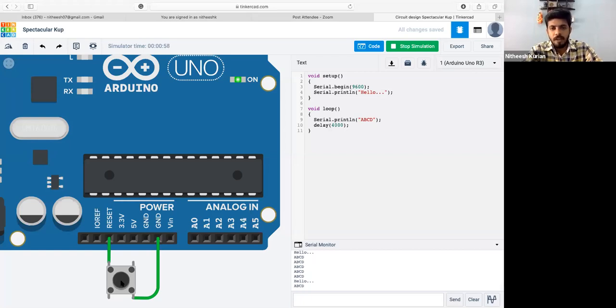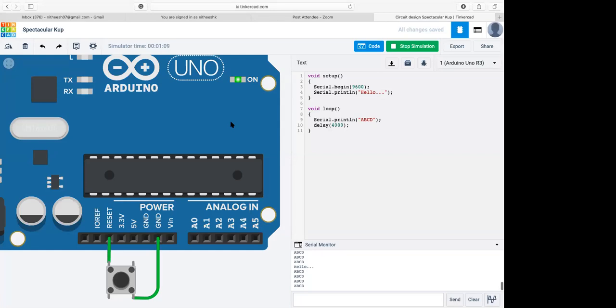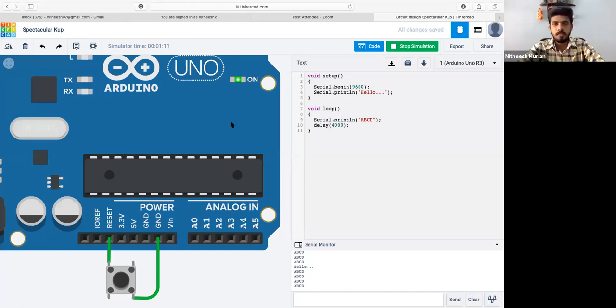You can try the same in Tinkercad on your laptop or desktop. Are you trying this? You got the answer?